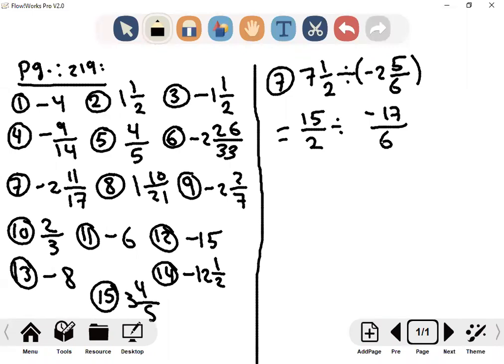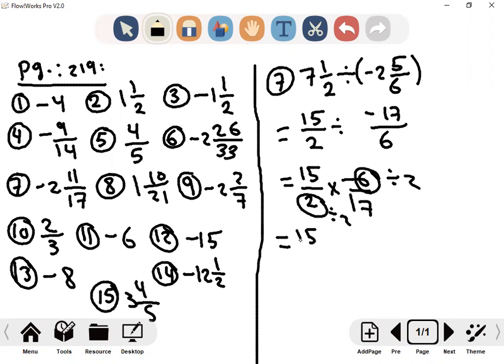Now flip. The first one is still the same, 15/2, then multiply by 6/-17. You can cross the 2 with the 6, right? Yes. Divide both by 2.